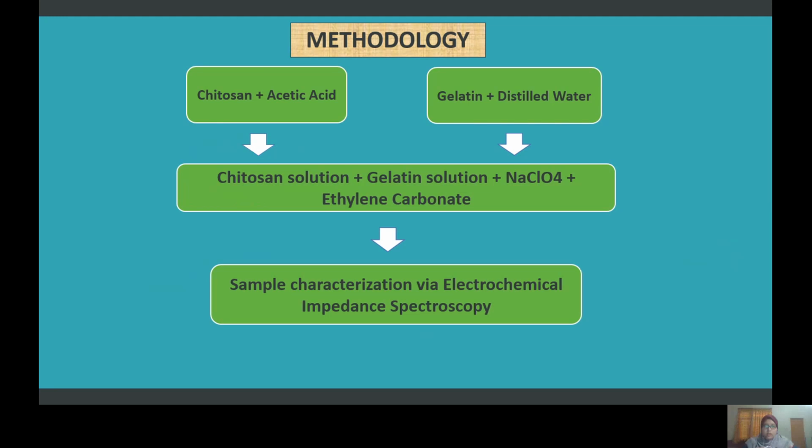Then the solution of chitosan and the solution of gelatin will be added with NaClO4 and ethylene carbonate. After that, the sample for characterization will be prepared by the process of thin film. The sample will be characterized using electrochemical impedance spectroscopy.